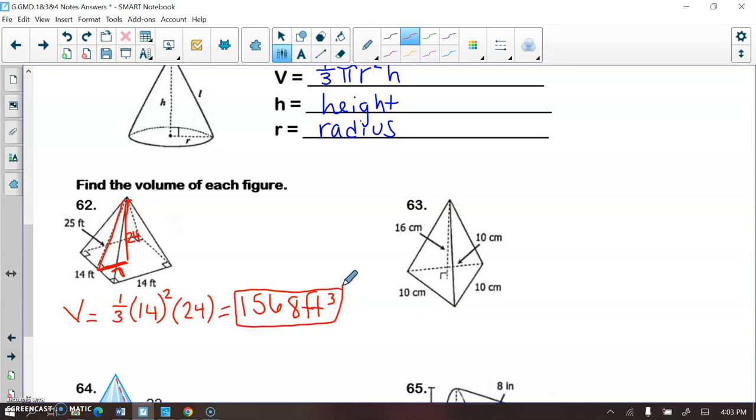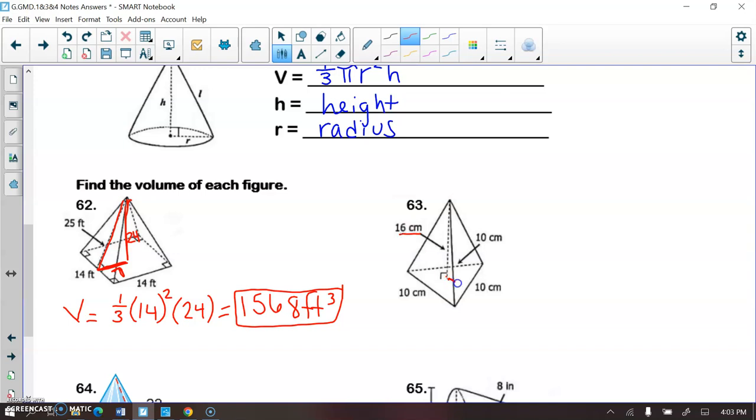All right, looking at number 63, we are going to need to find the height of this triangle base. We have the height of the pyramid at 16. We just need the height of the triangular base to be able to find the area of the base.